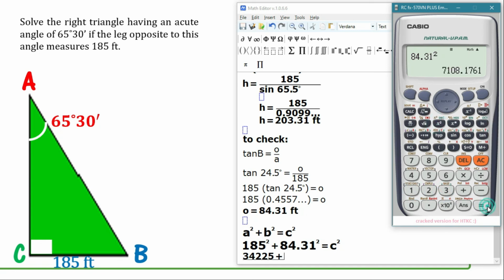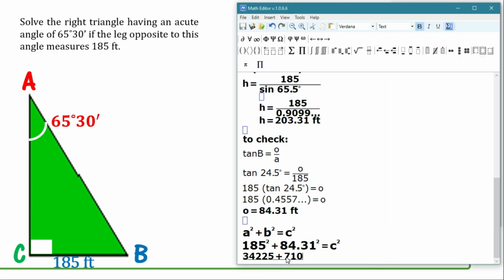So, that's gonna be equal to 7,108.18, rounded to the nearest hundredths. 7,108.18 equals c square.